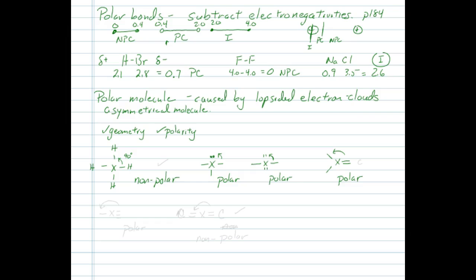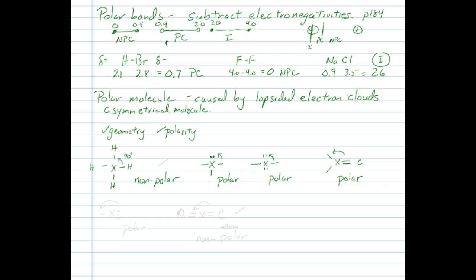Generalization: if you have one multiple bond on the central atom, if you have one double bond or one triple bond, what you've got is a big giant electron cloud out here, even if it is between two other atoms. You've still got a giant electron cloud over here, and it's still lopsided.